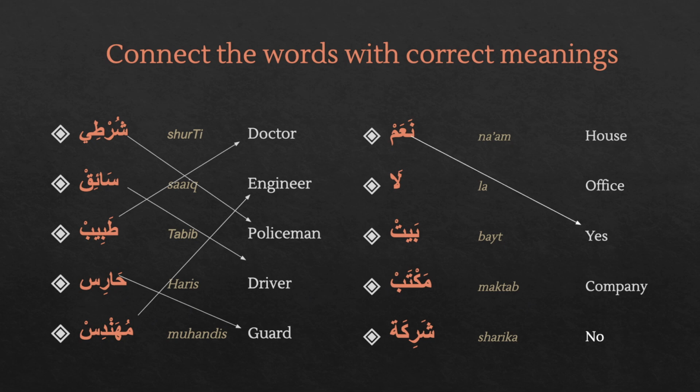La is no, okay. Bait, bait, house, okay. Maktab, maktab, office. Sharika, sharika, company. All right, there you have it.